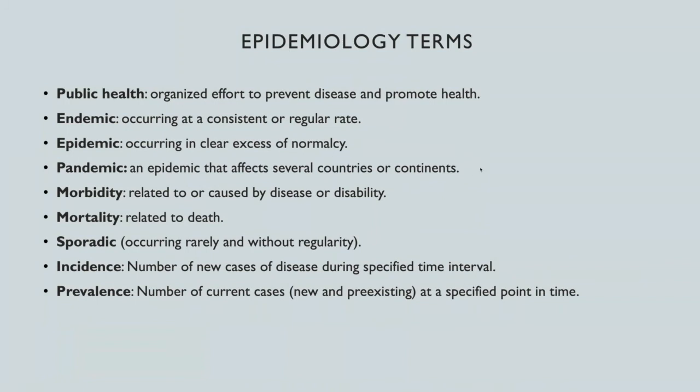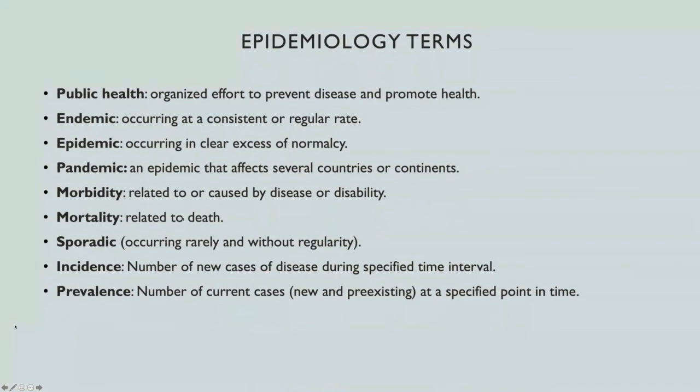And then we have other concepts, morbidity and mortality. Morbidity is everything that is related or caused by disease or disability. What is the morbidity due to this, morbidity due to that, and mortality: how many people die from that disease? Mortality rate of 20%, let's say.